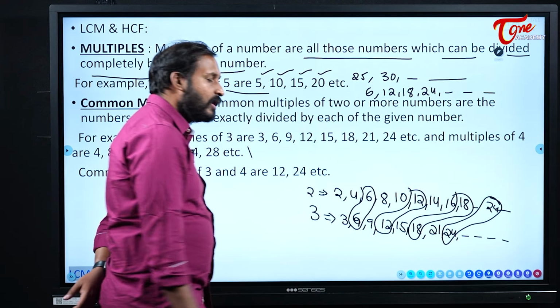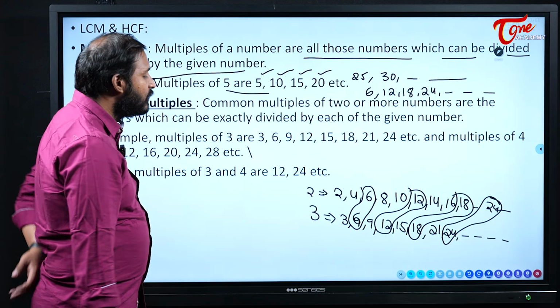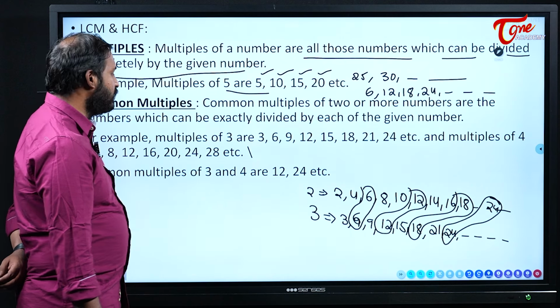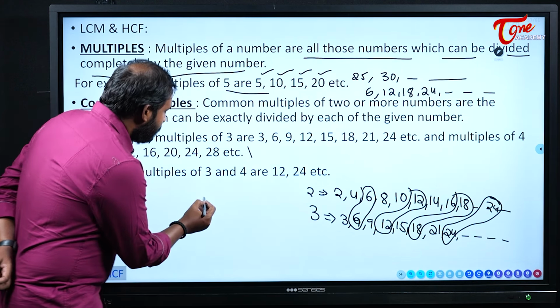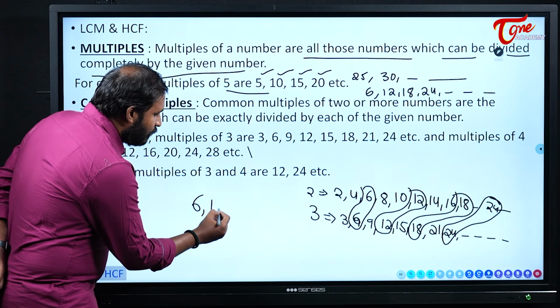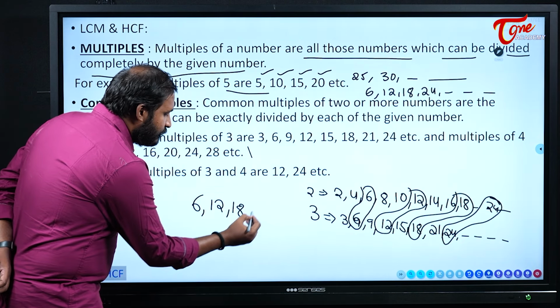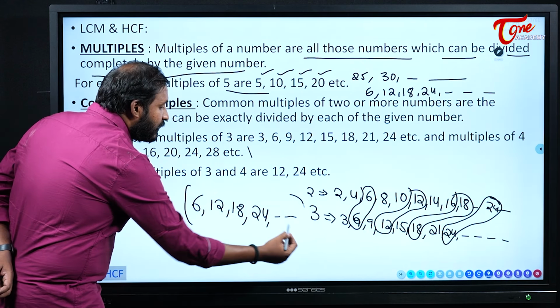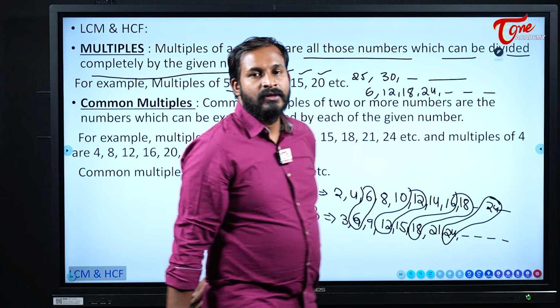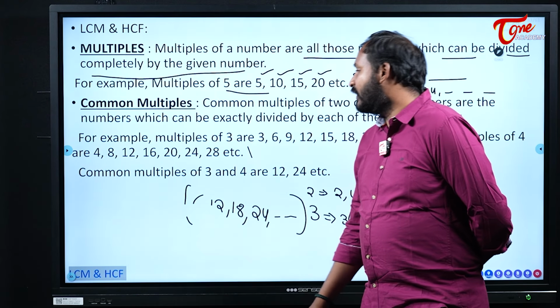Like this, we will have many common multiples between 2 and 3. So, this 6, 12, 18, 24 and so on, all these numbers are common multiples for 2 and 3.